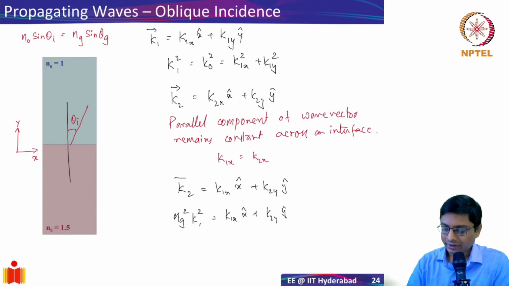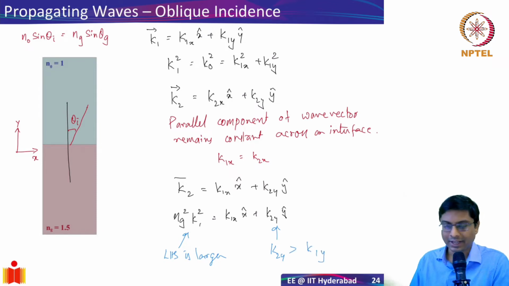Now clearly the left-hand side is larger, so automatically the right-hand side has to increase. Thus k2y is greater than k1y, because the first term is the same. The only way the LHS will equal the RHS is when k2y is greater than k1y.